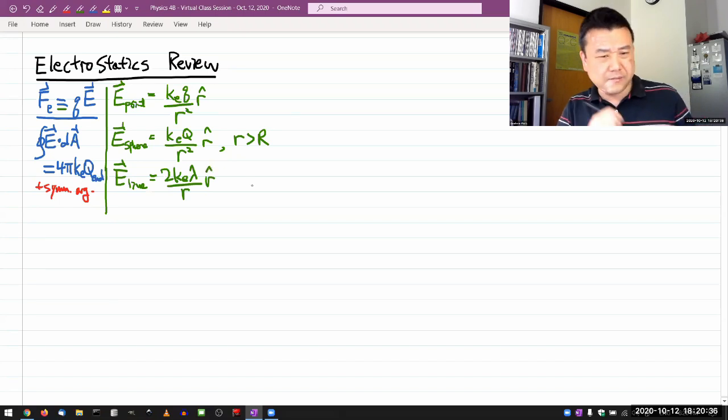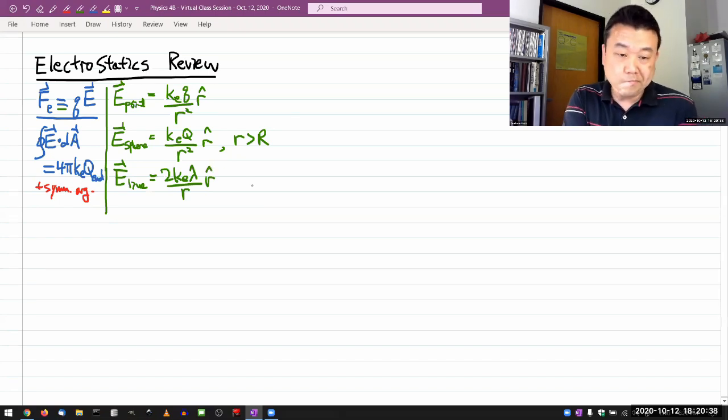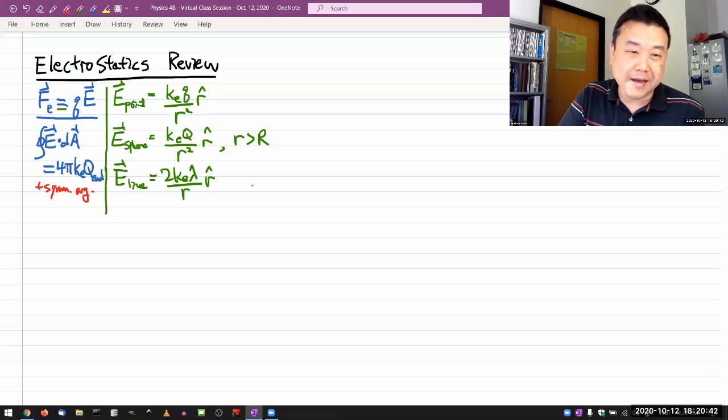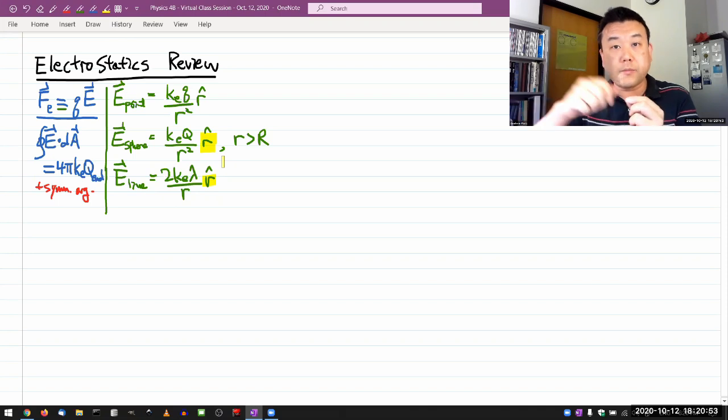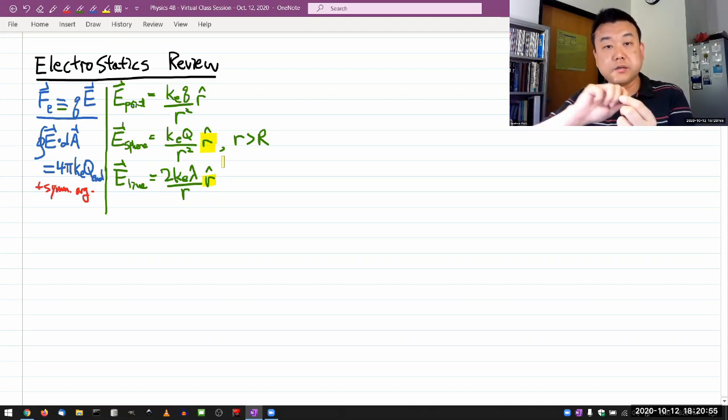And here I'm committing a little bit of notational abuse because I'm using this r to mean two different things. Here, this is a unit vector that's radially going outward from an origin. So it's outward from a single point.